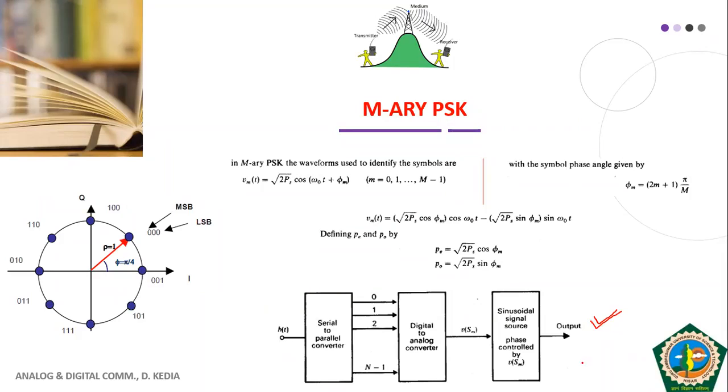The way we had a serial bit stream in QPSK, we again have a serial bit stream in M-ary PSK as well. This bit stream will be serial to parallel converted, and the number of parallel branches will depend on the number of bits that we take to represent each digital symbol.